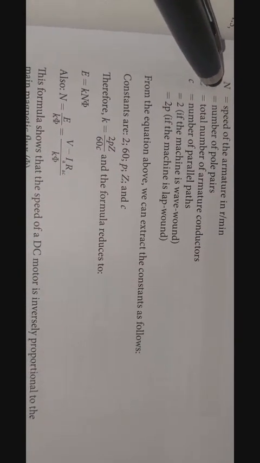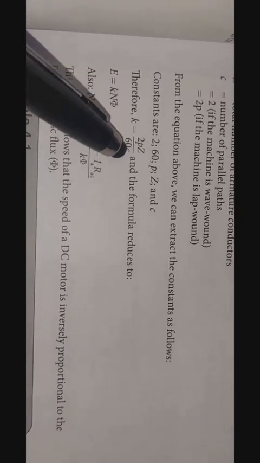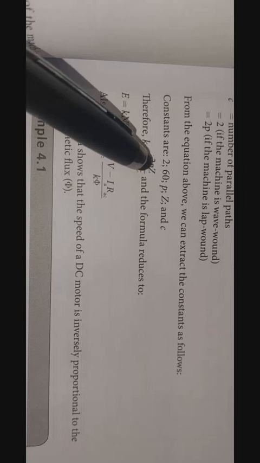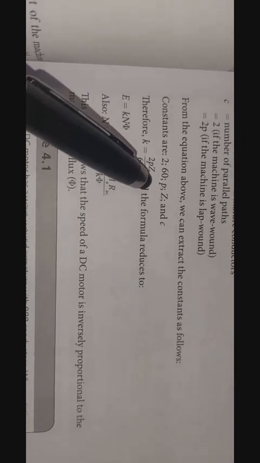And if it's wave wound, it's just going to be equal to 2. But if it's lap wound, it's going to be equal to 2 times the number of poles. And here is where we are looking when we are looking for the constant, represented by K, which is equal to PZ over C, where N is speed in revolutions per minute.